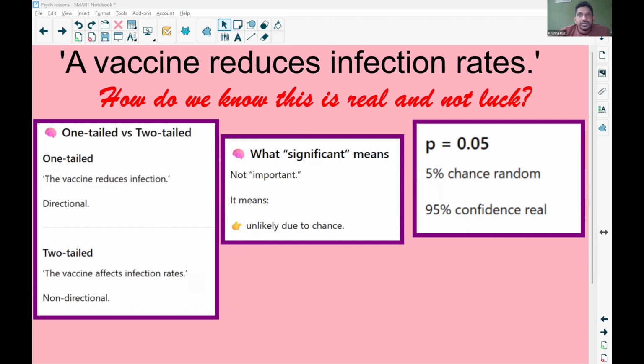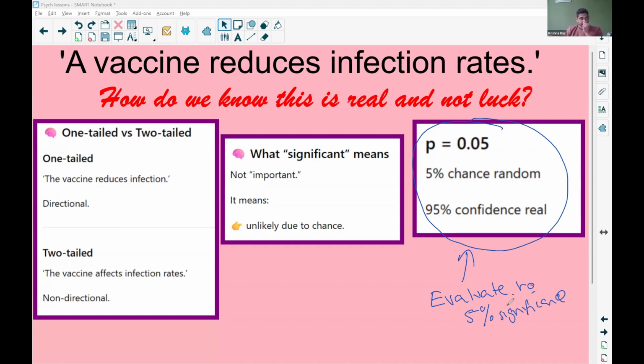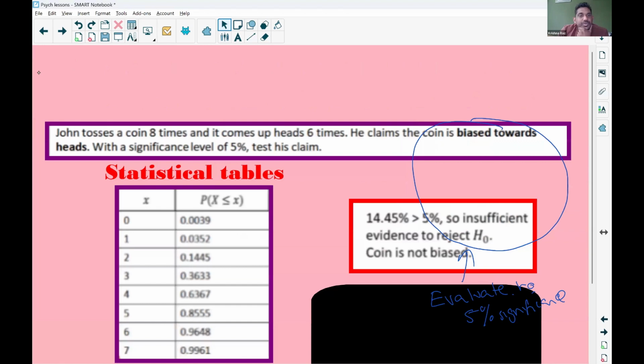So typically in psychology, you are given a 5% significance. So you evaluate everything to 5%. So for example, in that previous question with John, if we'd been evaluating to a 20% significance, well, then we could have said that the dice was, I keep saying dice, the coin was biased.